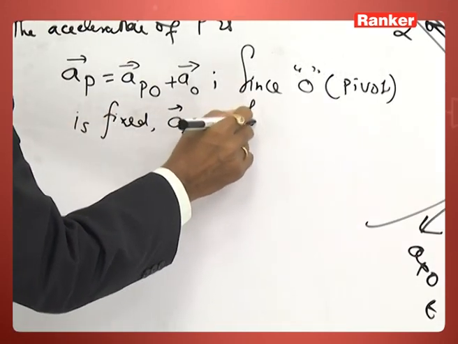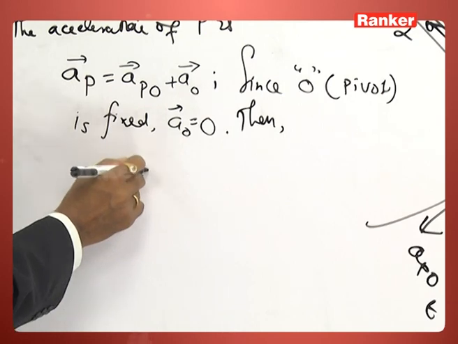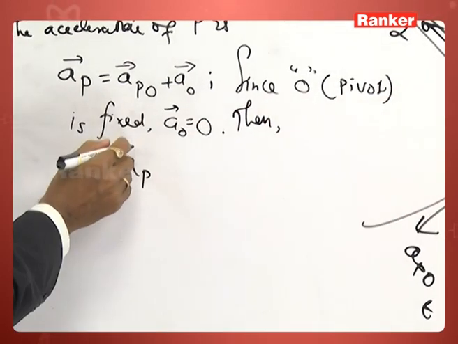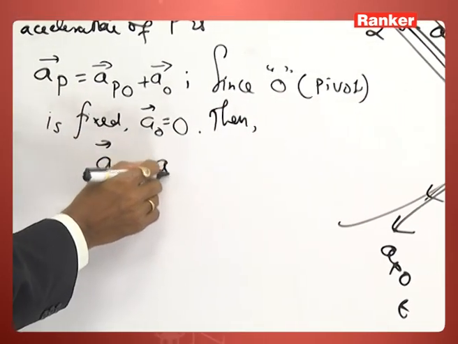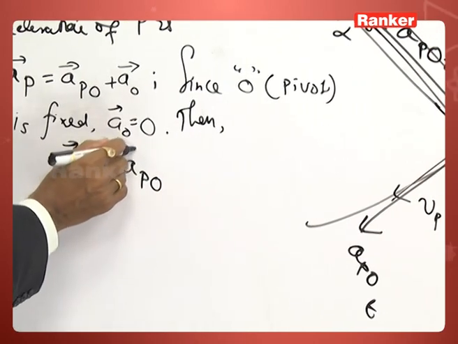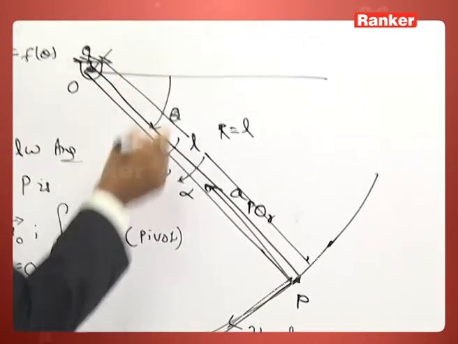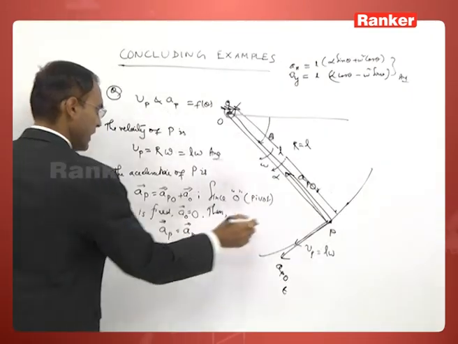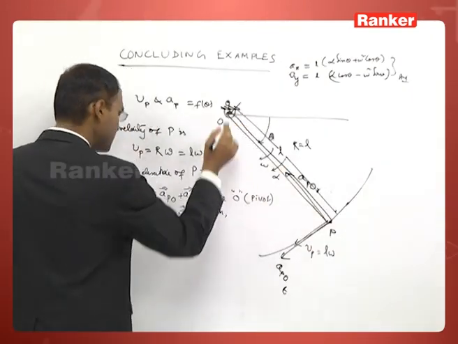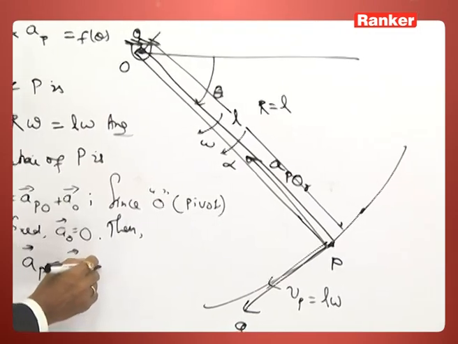Then the acceleration of this point P is equal to the acceleration of the point P with respect to the pivot. Since this point P moves in a circular path with respect to the pivot, the acceleration of the point P with respect to the center of the circle is divided into two parts.